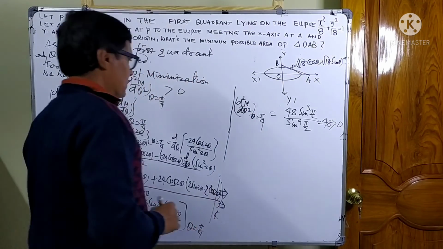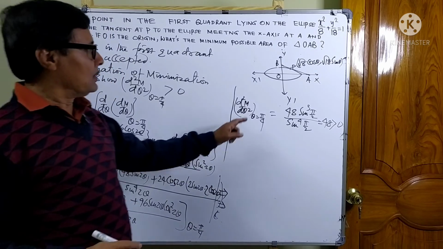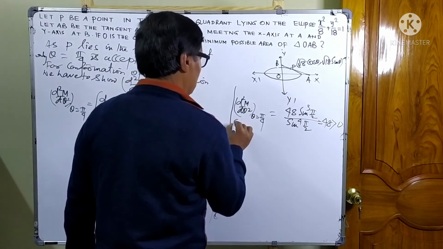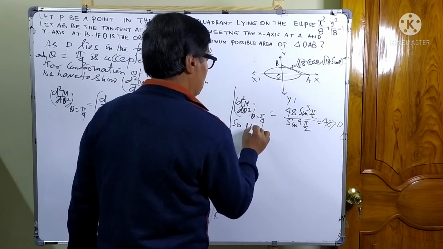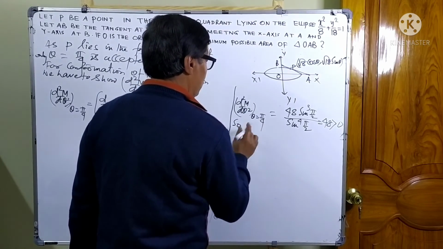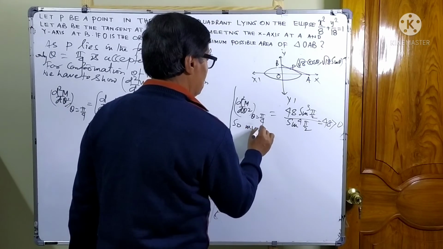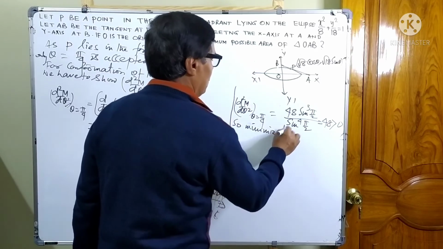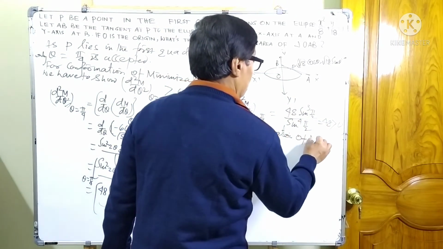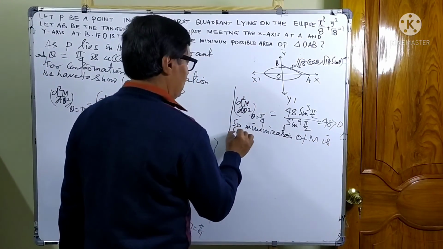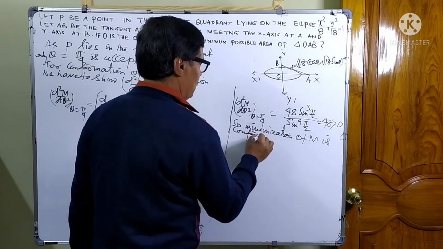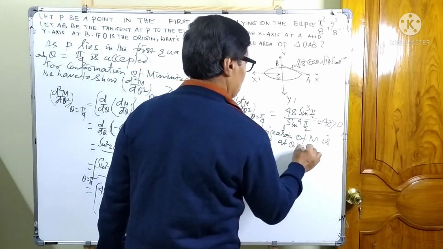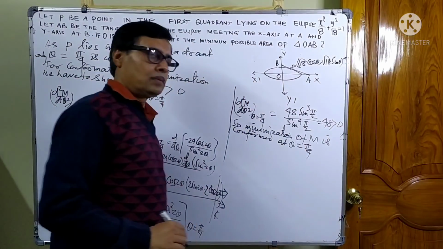The minimization of m is confirmed at theta equal to pi over 4.